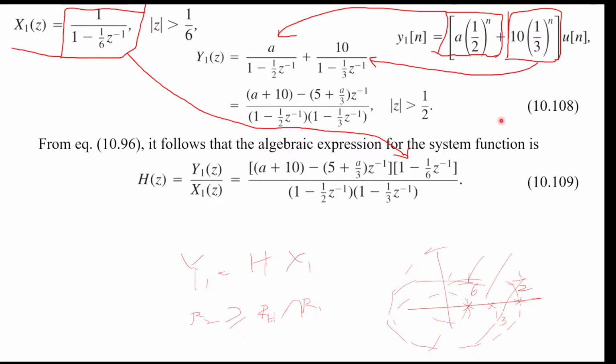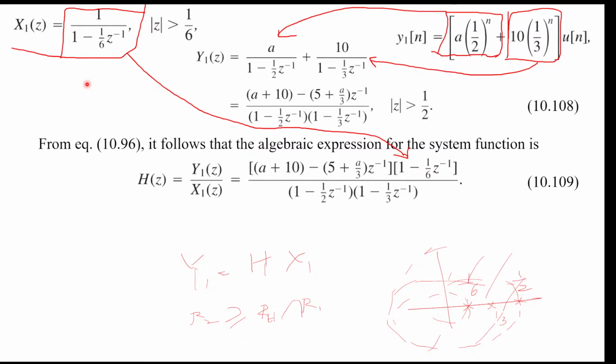Okay, so from this y1 of z, big Y1 of z, and the big X1 of z, we can get the algebraic part of our system function, which is big Y1 divided by big X1. And yeah, you see it's this very complicated function. So this part is y1, and then this extra part is x1.